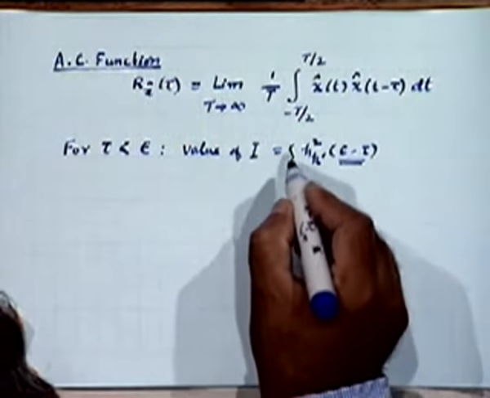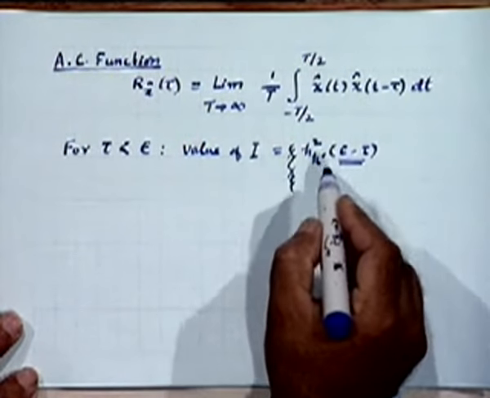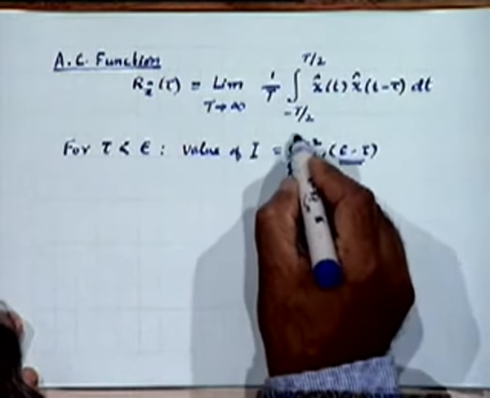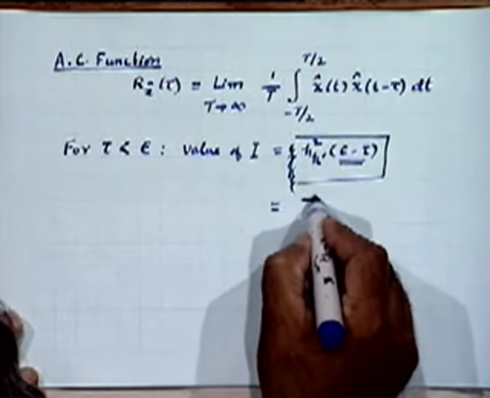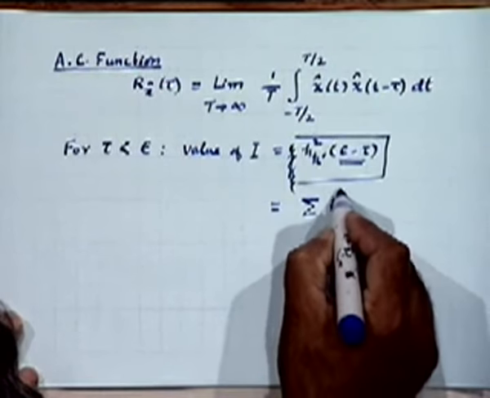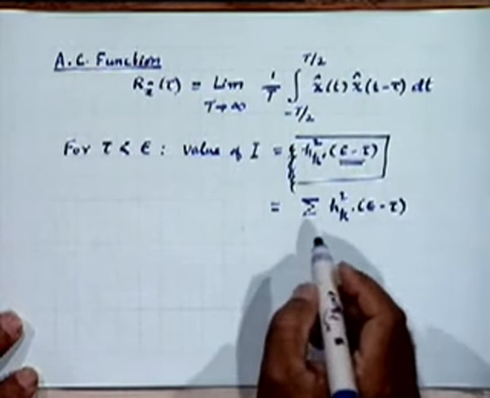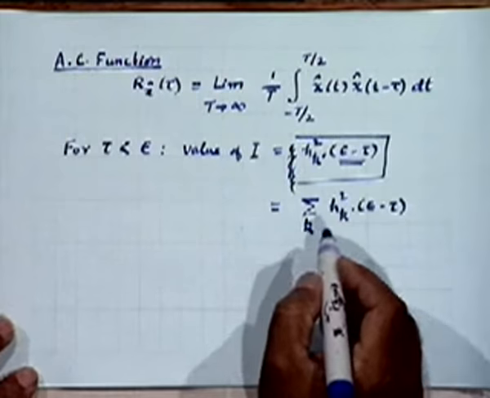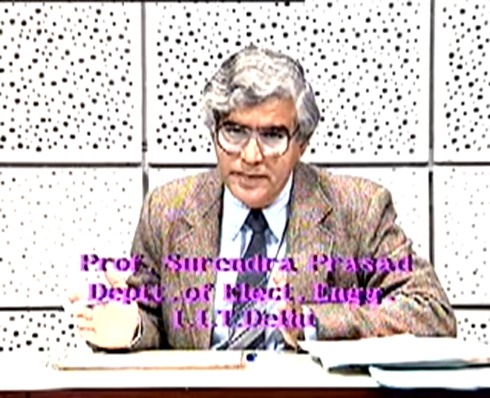And this is the contribution to the integral from only the kth pulse pair. Really speaking, I must modify this to be equal to sigma hk square into epsilon minus tau for all those values of the index k which correspond to the pulses in the interval between minus T by 2 to plus T by 2, right?